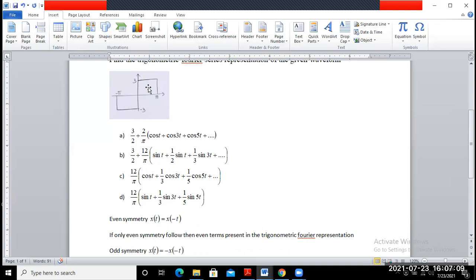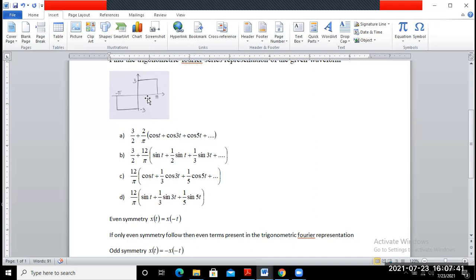Okay, so the constant term does not exist for this type of waveform. If the constant term does not exist, options A and B already vanish. Now you just concentrate on options C and D. So now you follow the condition of even symmetry, that means x(t) equal to x(minus t).